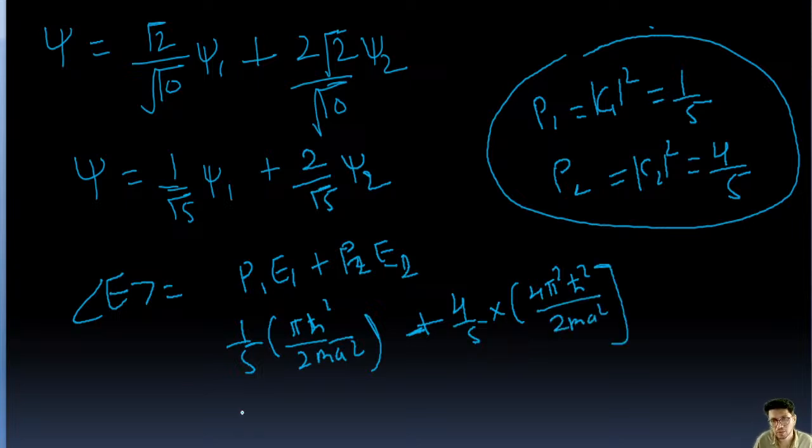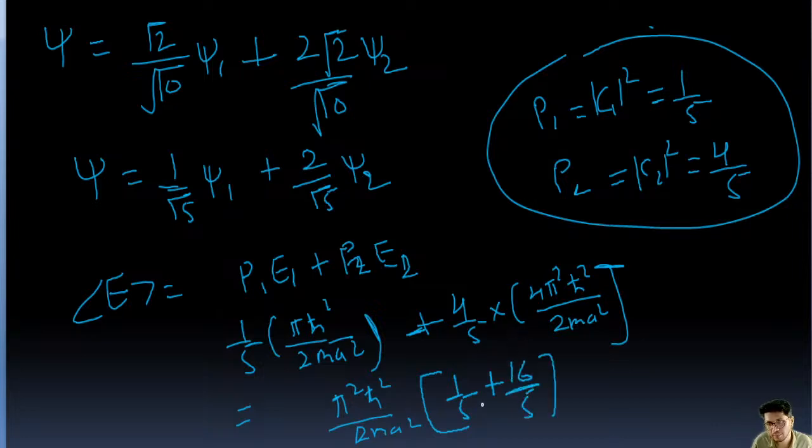So we can take pi square h cut square upon 2 ma square common. So this is 1 upon 5 plus 16 upon 5.